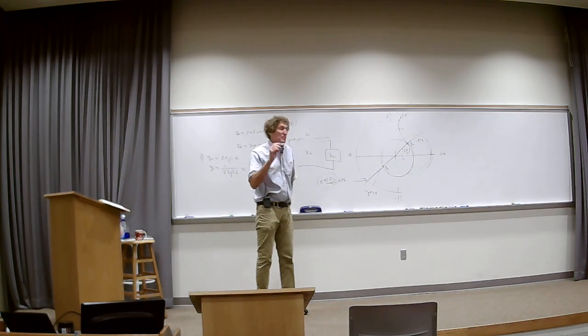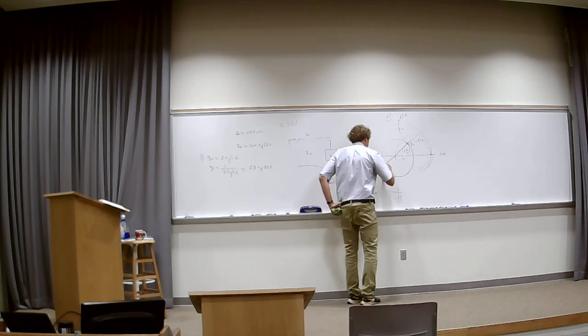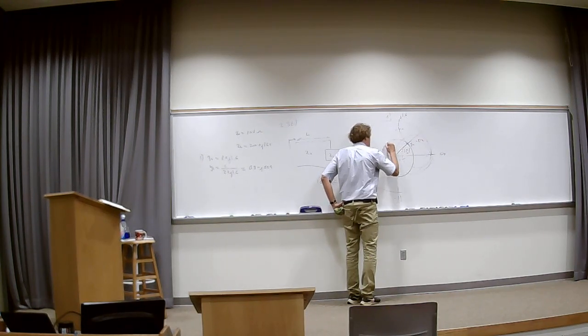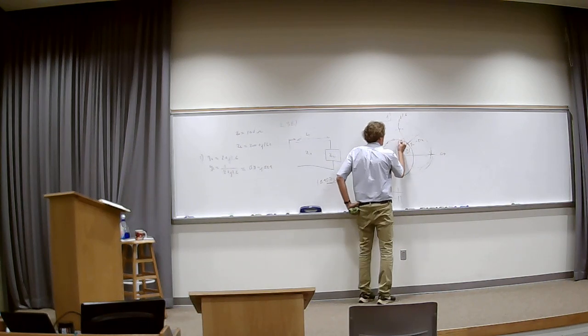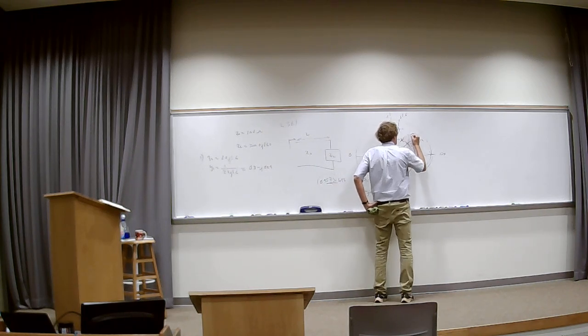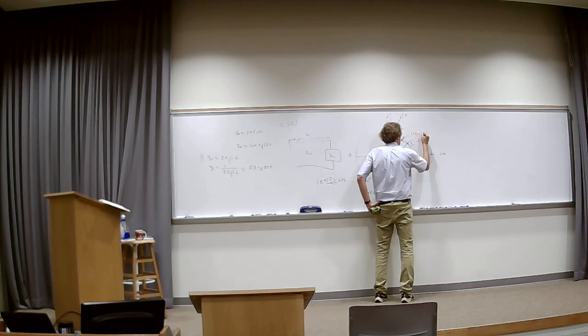Now, we're going to move along this circle towards the generator until we hit the point where that circle, a constant radius, intersects the one circle. And this is going to have a value of 1 plus j something.